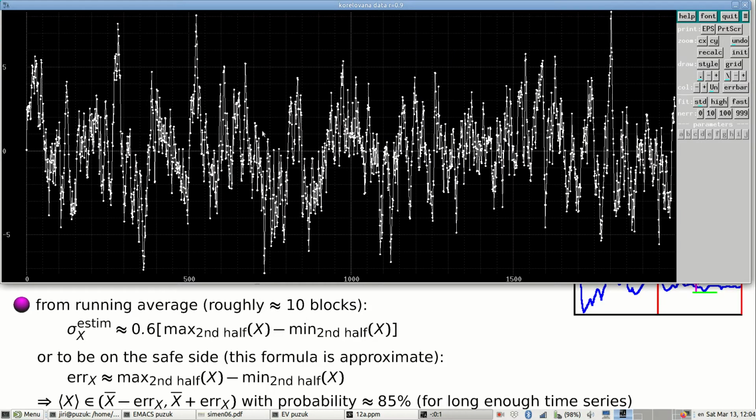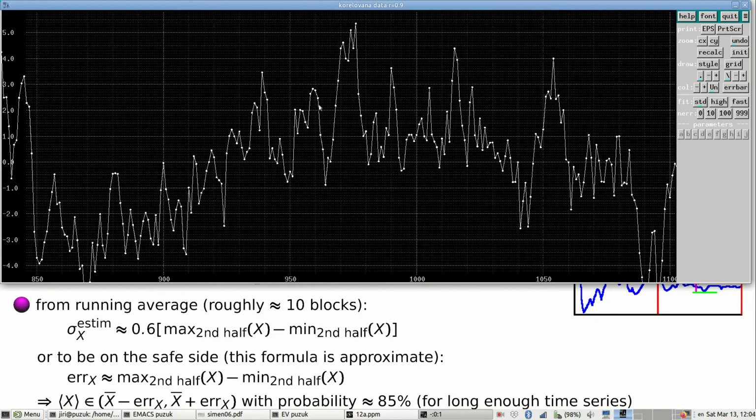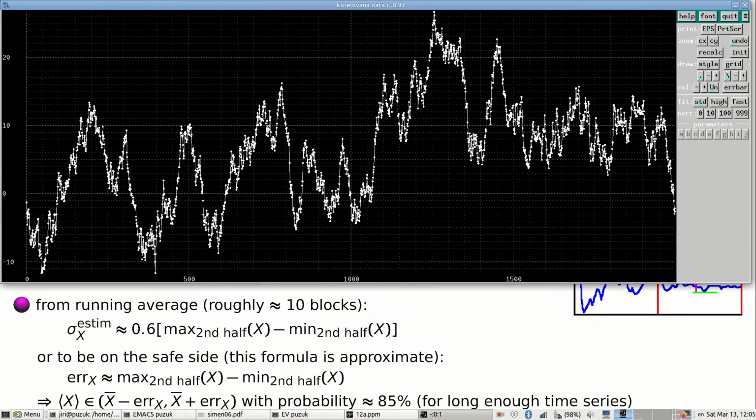These are already correlated data. There are different types of correlation. These data are correlated in a simple way, that is, each point is given by a random number plus the previous point multiplied by something. But graphically, you can see that it's correlated. It's clearly seen. This is even more correlated.